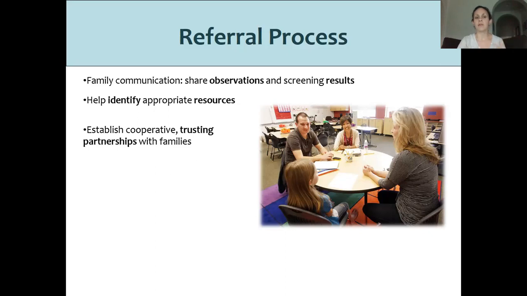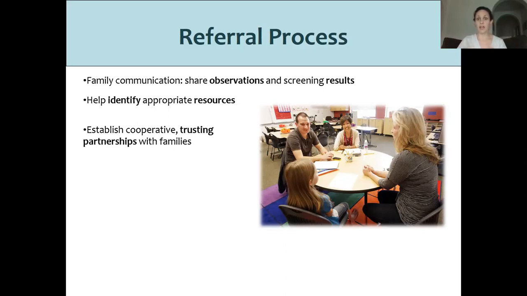Again, we want to establish really trusting partnerships with the parents. This starts with the daycare workers, the preschool teachers, the elementary school teachers. If you don't have a good relationship with the parents, then trying to help them seek out help is going to be that much harder.